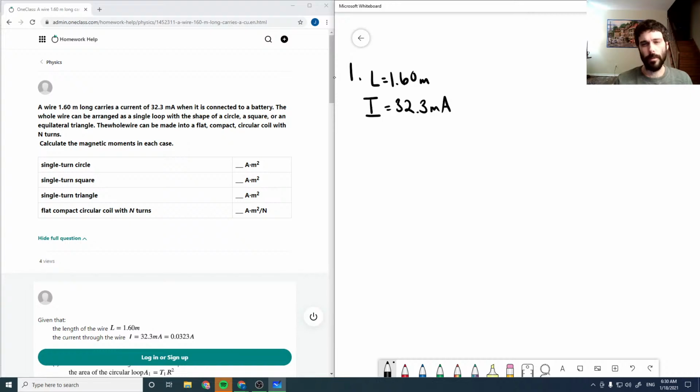So the magnetic moment is defined through the torque which is exerted in the presence of an external magnetic field, where the mu vector I show here is the magnetic moment.